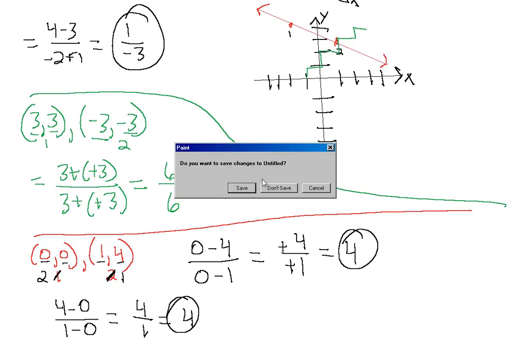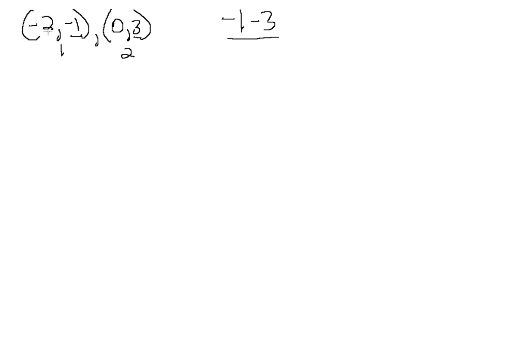Let's do a few more of these. Let's take a look at the line that contains the point (-2, -1) and the point (0, 3). All right, we find the slope by subtracting our 2 points. We subtract the y coordinates, so -1 minus 3. We divide that by the difference in the x coordinates, so -2 minus 0.